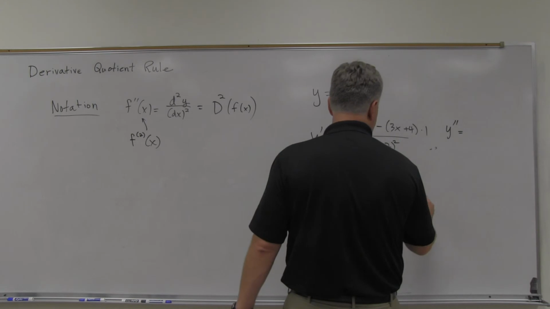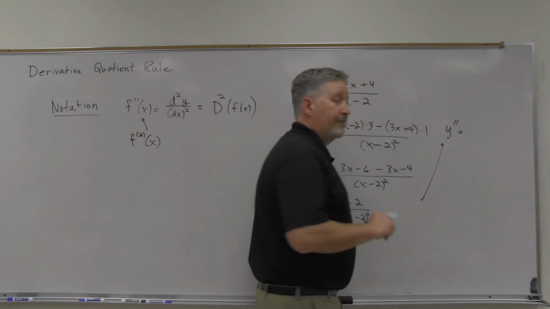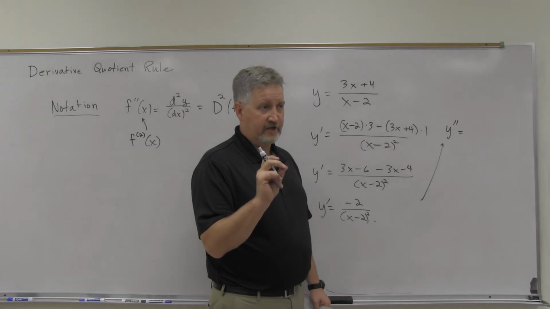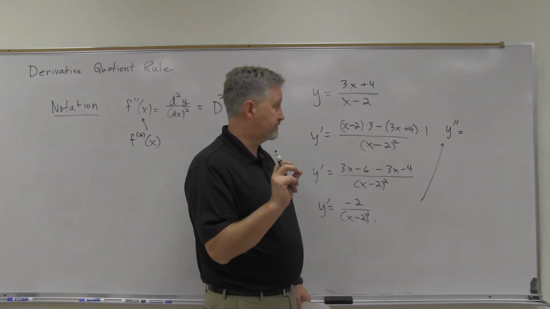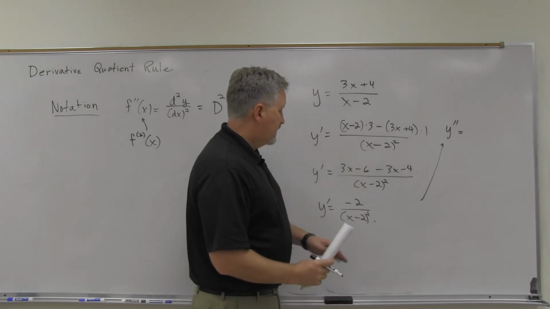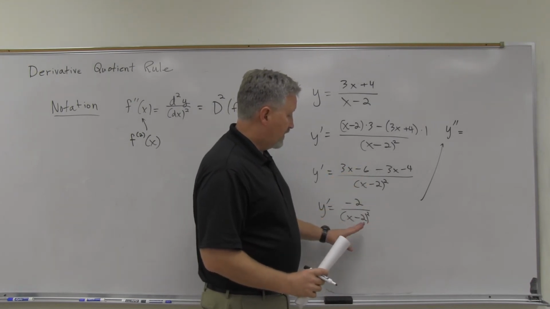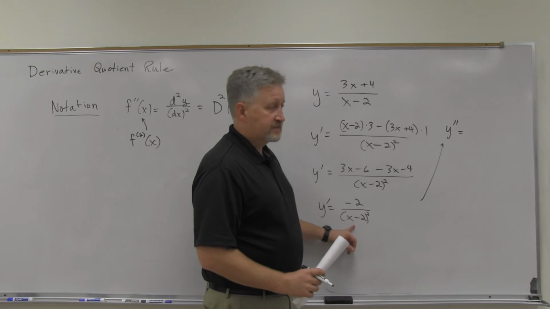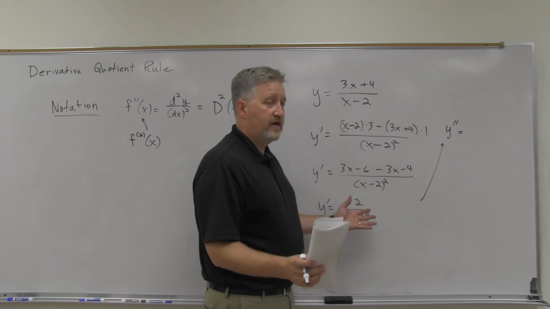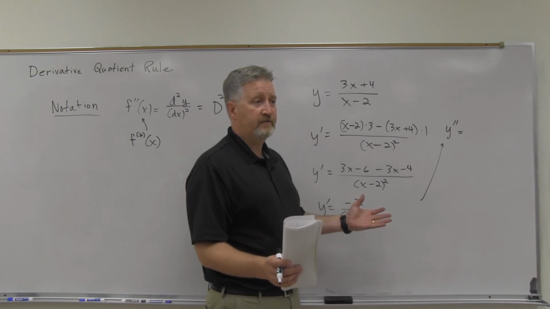First of all, remember, we are going to have to take the derivative of the low, right? That's part of the quotient rule. Low d high minus high d low. Well, we haven't learned another way yet to do this. So right now, the way I would do the derivative of that is just go ahead and expand that out.